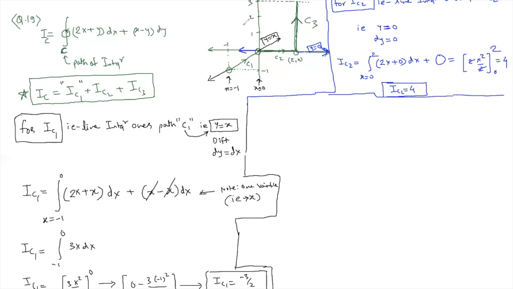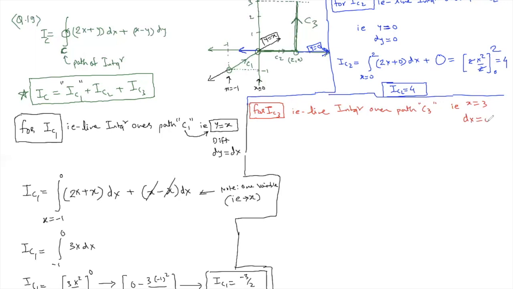Now, one last part. For C3, IC3, line integral over path C3. Is it x equals 3?